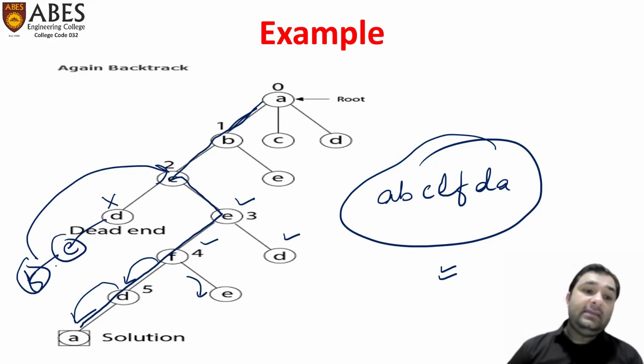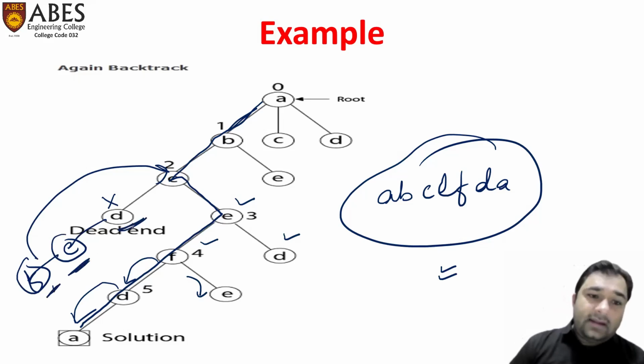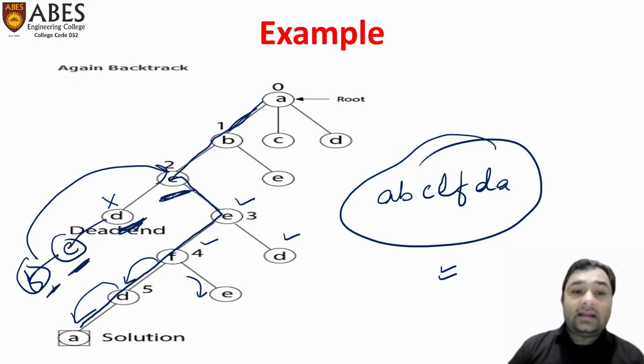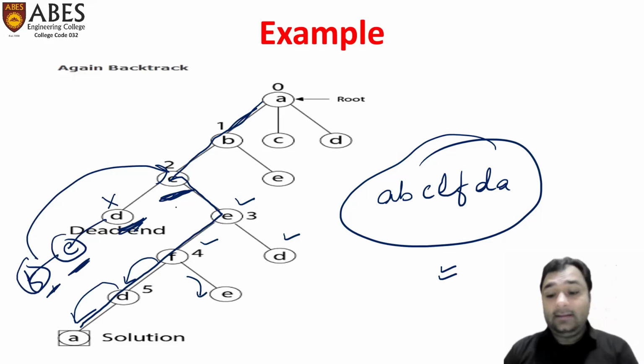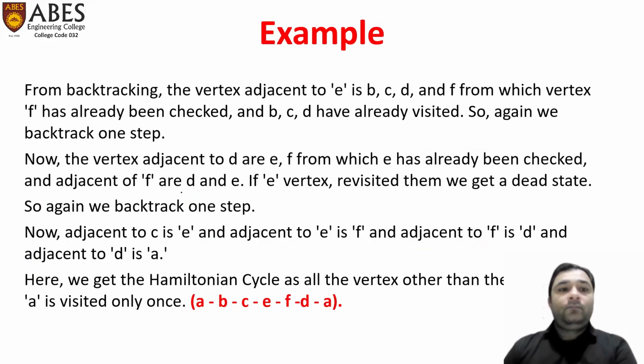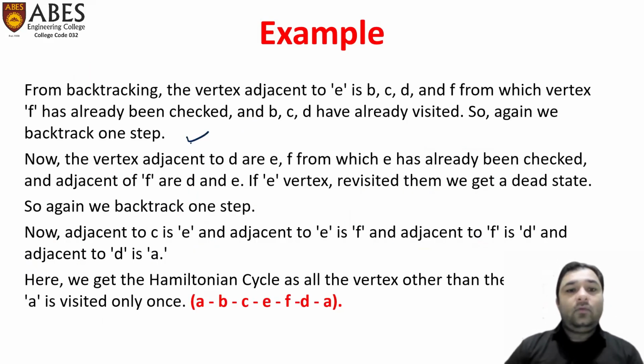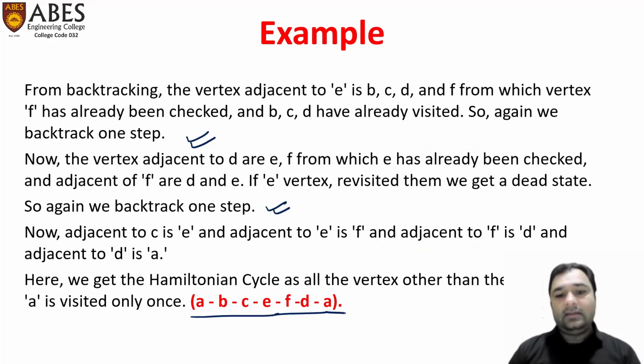Here we have seen how we backtrack from F, then backtrack from E, then backtrack from D, and we get a solution from C. Here we have represented what we are doing, how we backtrack for each and every step, and this is the solution which we have achieved.